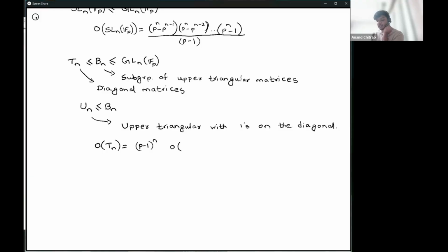What is the order of Un? Un consists of upper triangular matrices with ones on the diagonal. So no choices on the diagonal. On the bottom left part of the matrix, you'll have zeros. On the top right part of the matrix, you're free to choose anything.